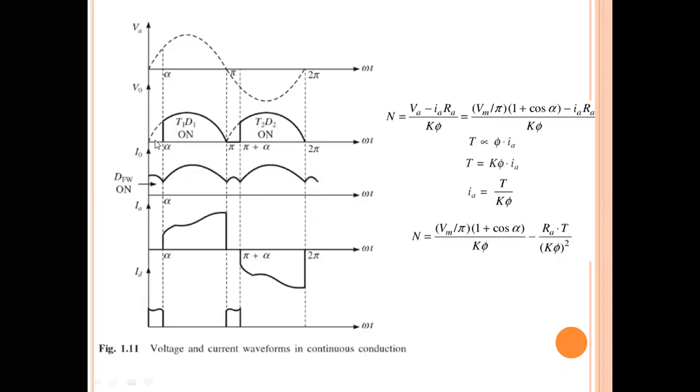That is the reason why here the voltage is 0. At alpha to pi, thyristor T1 is triggered, so the current will flow. The current rises like this up to pi. The voltage appearing at the load or at the motor is the same as this dotted line, the same shape as the input voltage.